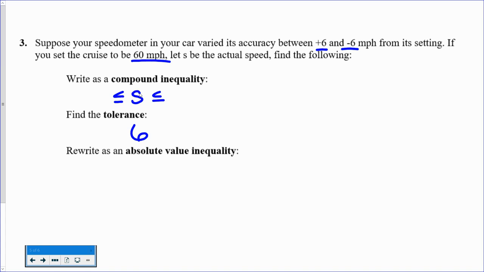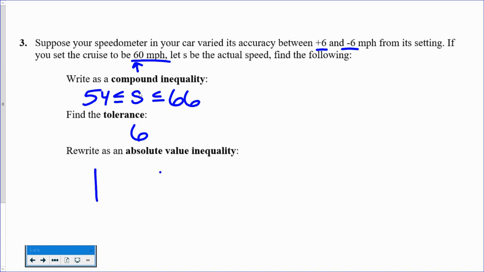You're calculating the lowest and highest possible miles per hour. If I take 6 away from 60, 54 miles per hour is the possible lowest it could be going if I'm cruising at 60. Or it could be 6 above, so that could be 66, or anywhere in between there.